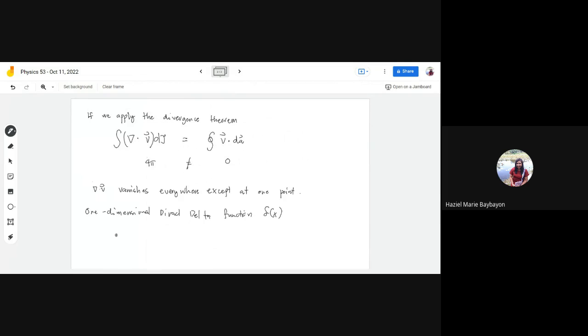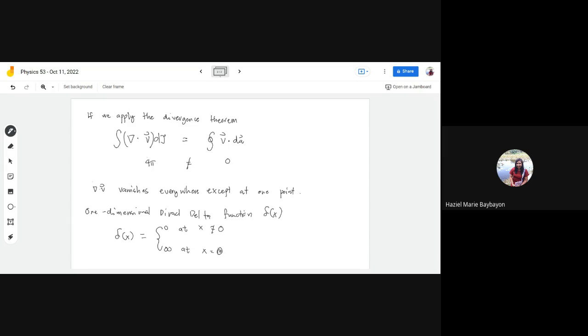It is equal to 0 at x not equal to 0, and it is equal to infinity at x equal to 0.